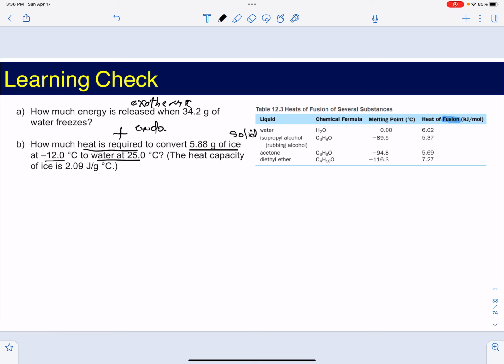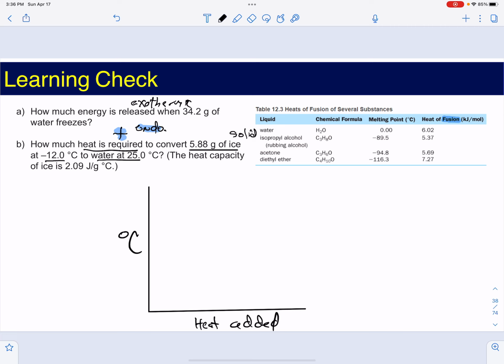A problem like this, the best thing is to do a heating curve. Since we are doing an endothermic process, we're going to do a heating curve so we can visualize it better. So heat is being added. The temperature is taken in degrees Celsius and is increasing this way.